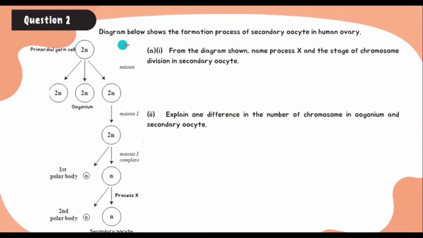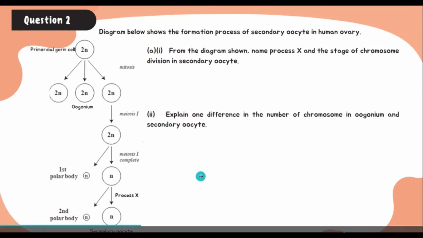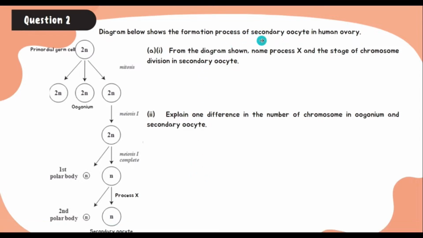Question 2. The diagram below shows the formation process of the secondary oocyte in the human ovary. This is our secondary oocyte. Alright. So, can you name the process of formation of the secondary oocyte?